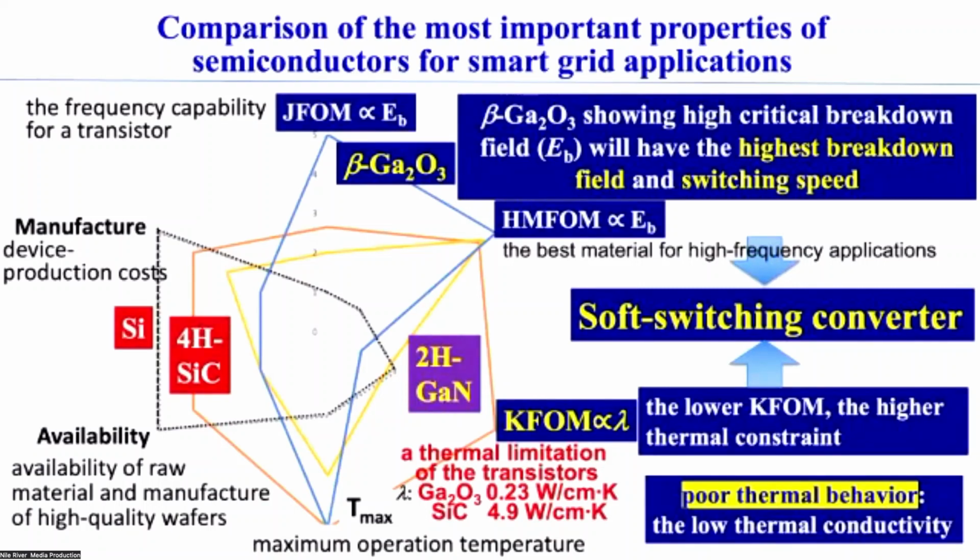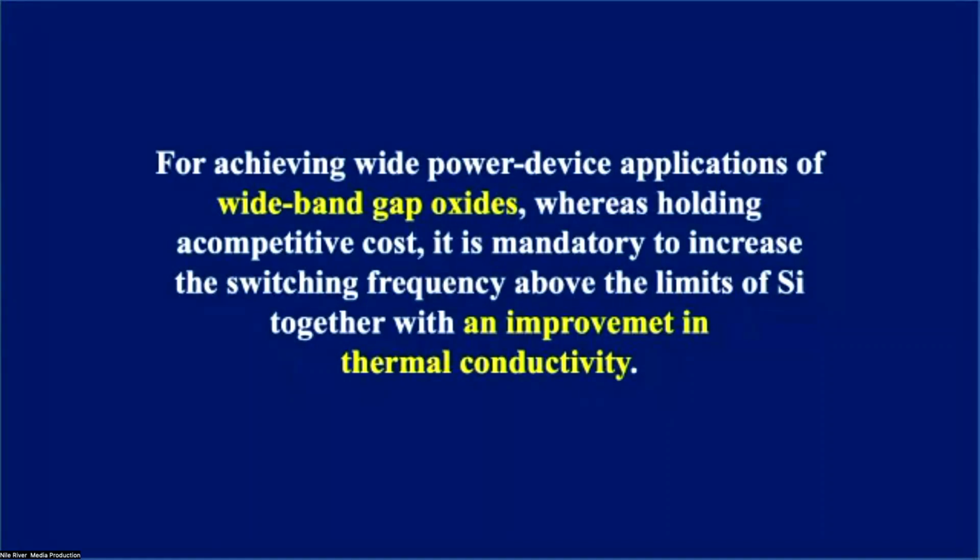Due to the poor thermal behavior, to date, applications are limited to soft switching converters. And I'd like to note that for achieving wide applications of wide bandgap oxide devices while holding a competitive cost, it is mandatory to increase the switching frequency above the limits of silicon, together with an improvement in thermal conductivity.